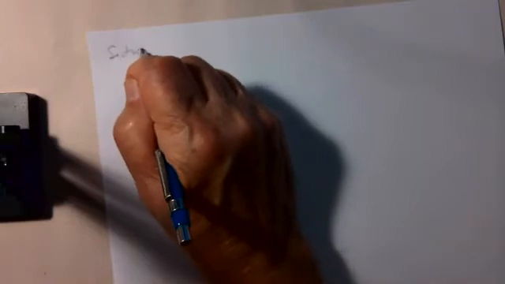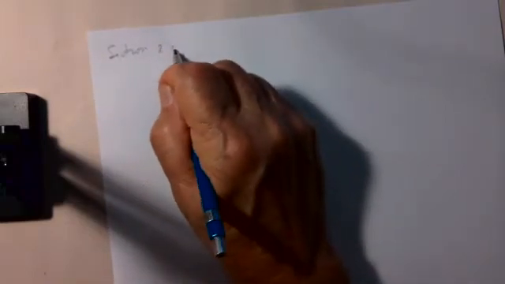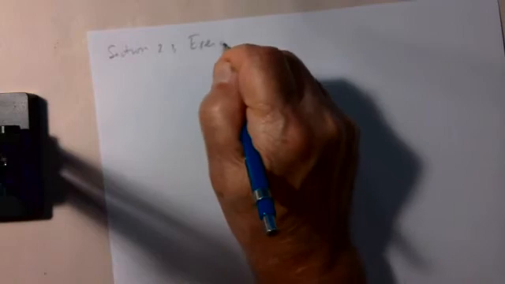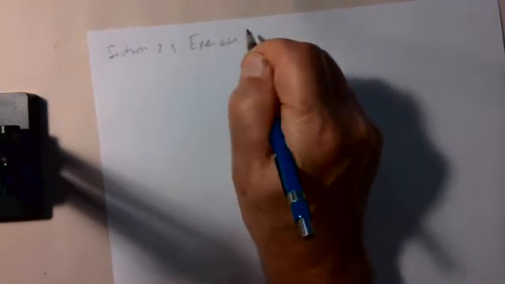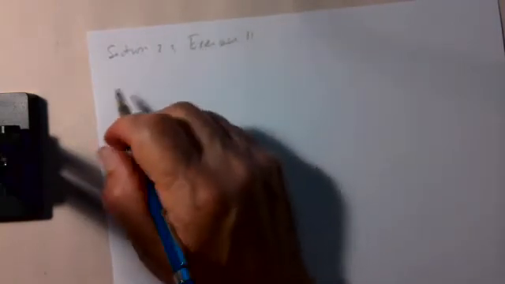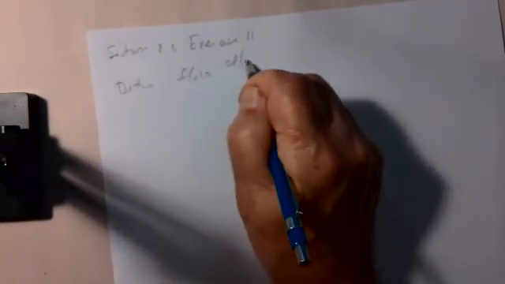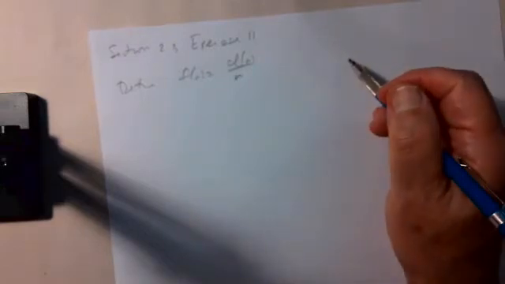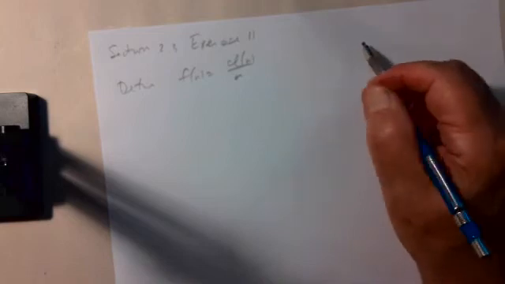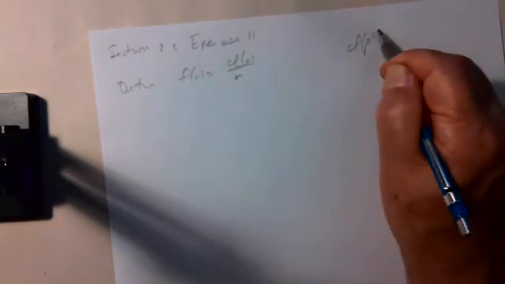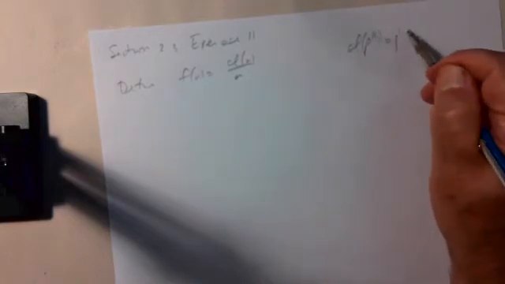So section 2.3, exercise 11, we define the function f of n to be phi of n divided by n. And in general, if you take phi of p to the k, this is p to the k times 1 minus 1 over p.